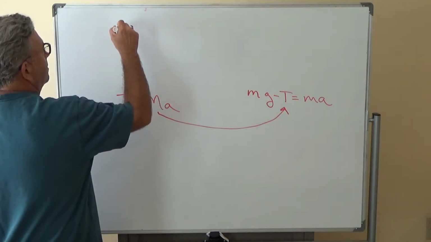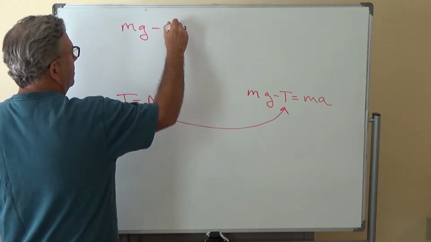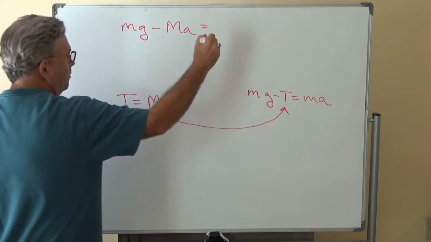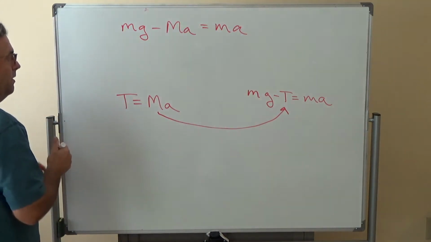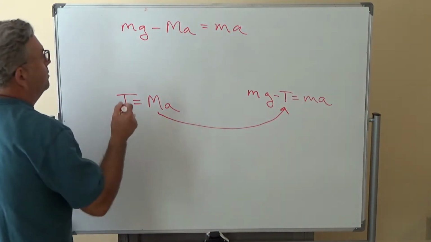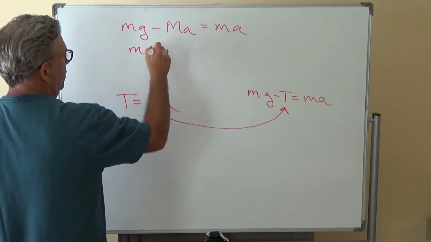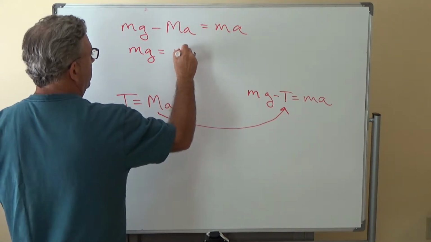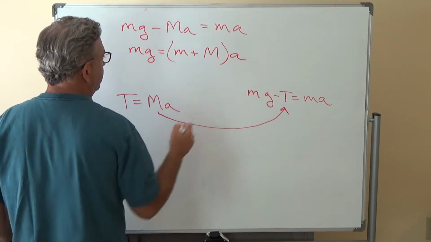So now, replacing that T, I have little mg minus big M a is equal to little m a. Now I can move this around to solve for a. I'll do that, and you get little mg is equal to little m plus big M, times a.